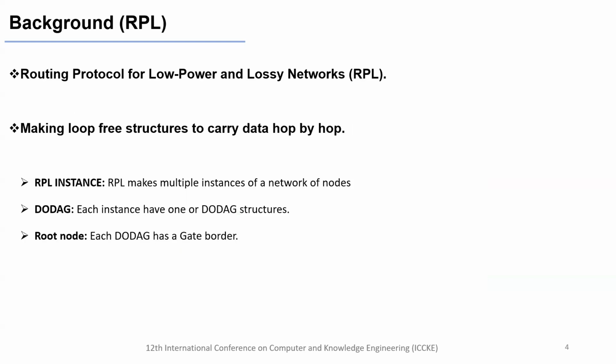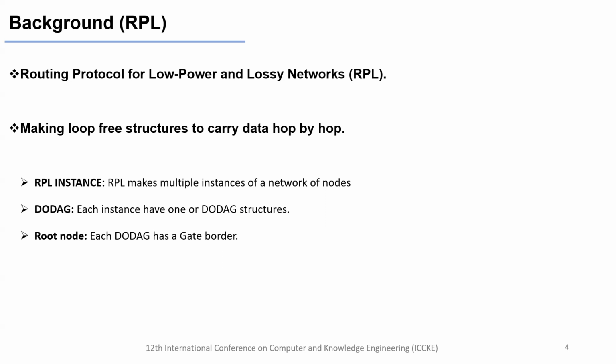RPL stands for Routing Protocol for Low Power and Lossy Networks, or LLNs. The basic idea is the wireless transmission of data packets hop by hop within a network of tiny electronic devices that each may have multiple sensors and can produce different types of data.